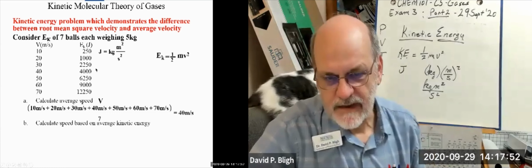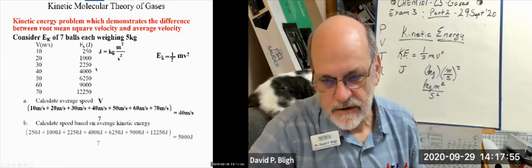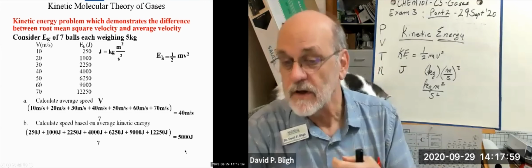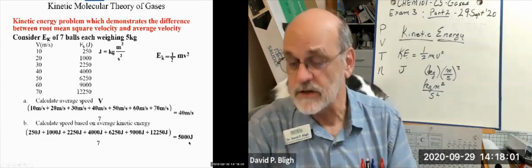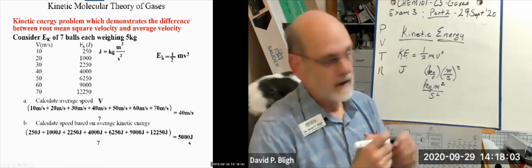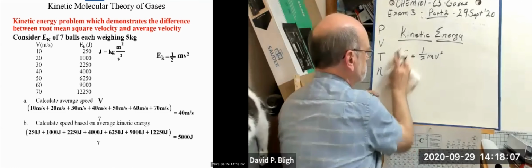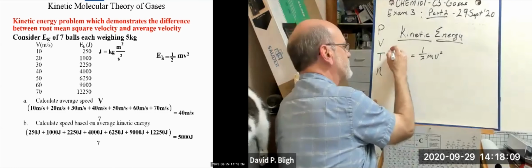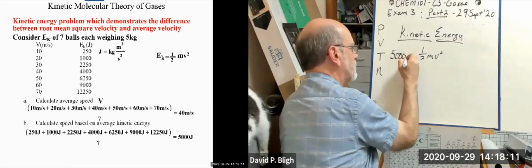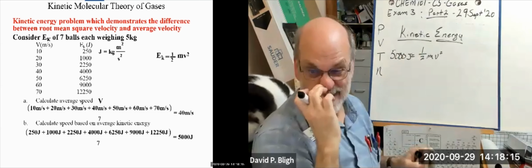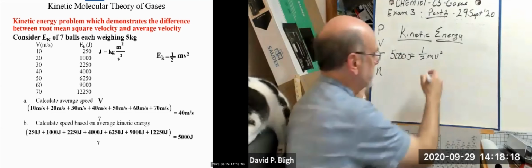Well, let's calculate the average energy first. Here it is. If we take all these energies, add them together, and divide by 7, we find that the average kinetic energy is 5,000 joules. So we would say 5,000 joules is equal to this, and we could substitute 5 kilograms in here.